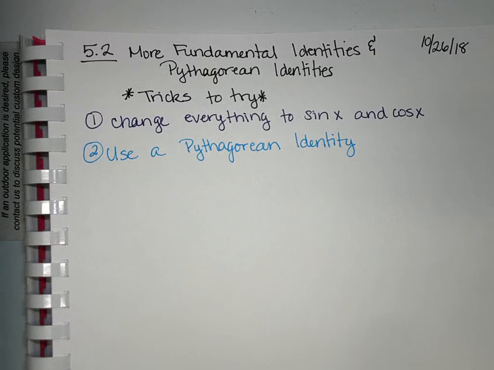So let's say it was cosine squared x, 1 minus cosine squared x. Well, that's just a manipulation of sine squared plus cosine squared equals 1. So look for those kind of things where you might be able to substitute in a Pythagorean identity to make it more simple.